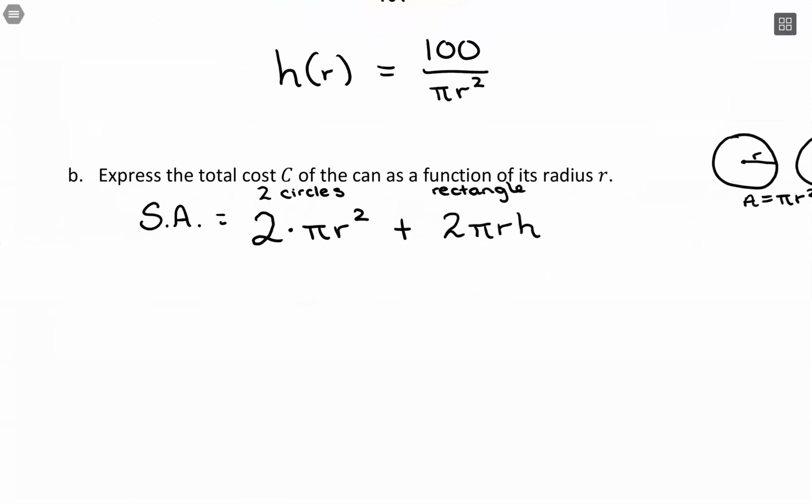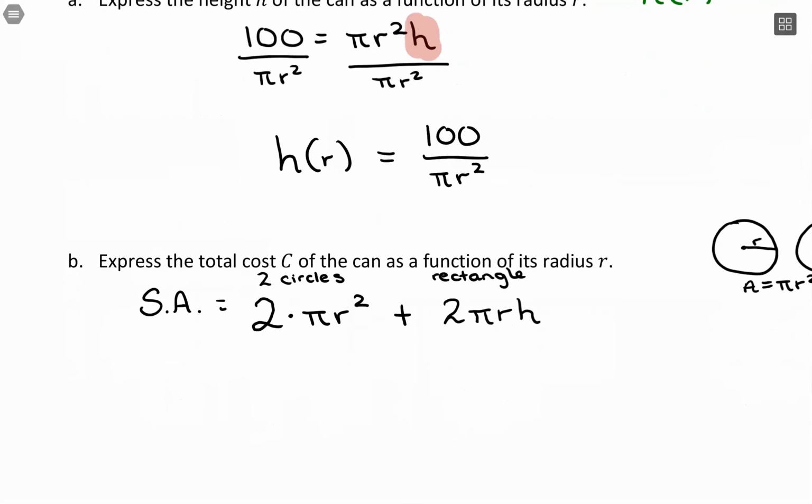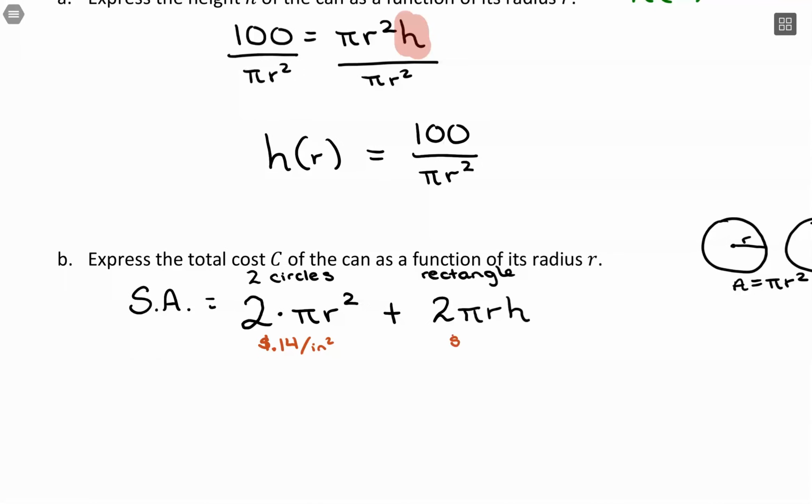Alright, so this is getting at the idea of surface area, but I'm bringing cost into it too. So for the circles, that's 14 cents per square inch. And the rectangle part is 7 cents per square inch.